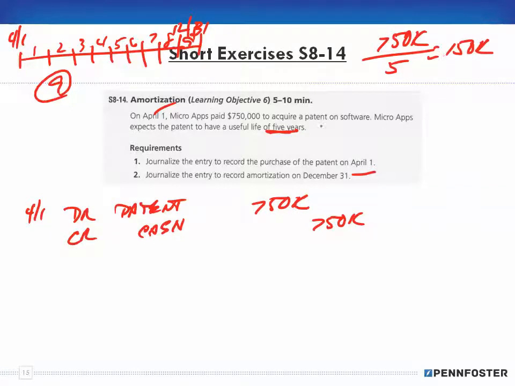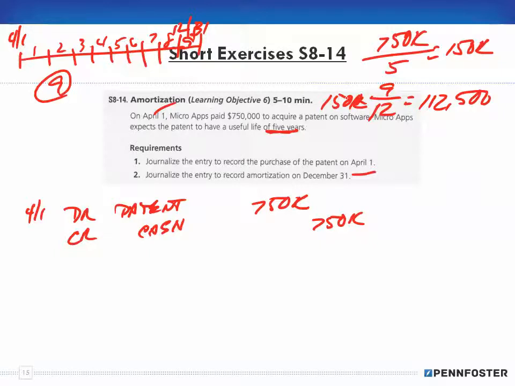We take the 150,000 and multiply it by 9 months over the 12 months, and we end up with 112,500. 150,000 times 9 is 1,350,000, and then we divide that by 12, and we end up with 112,500.